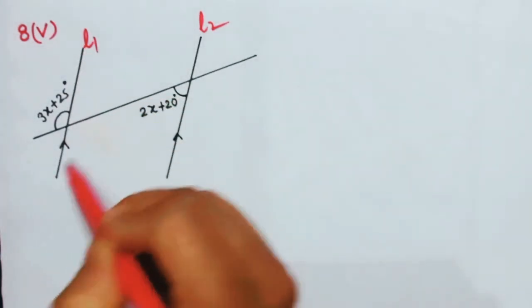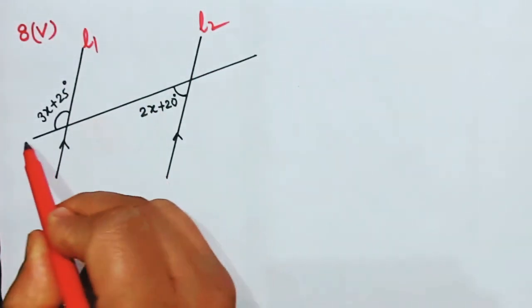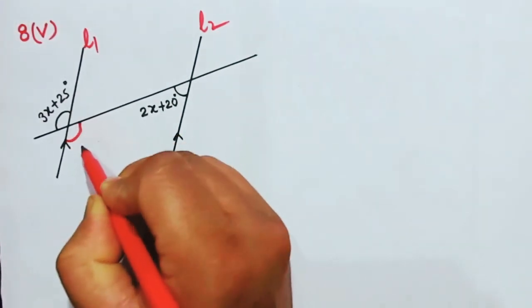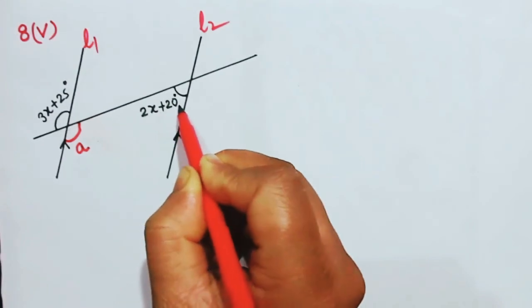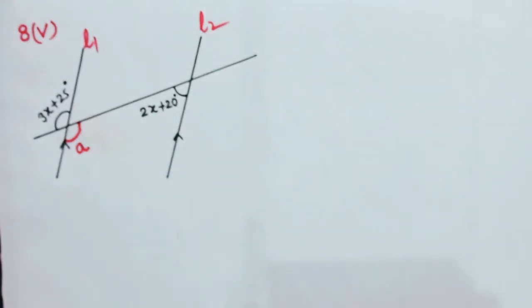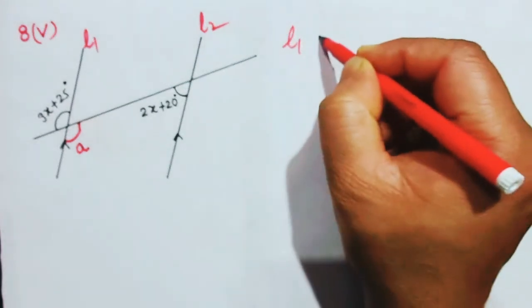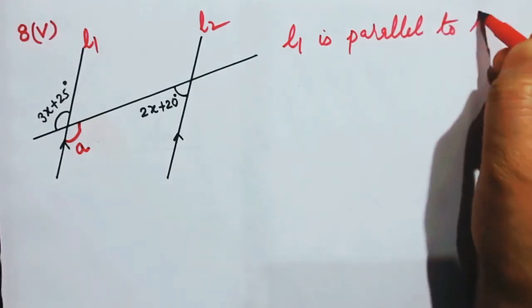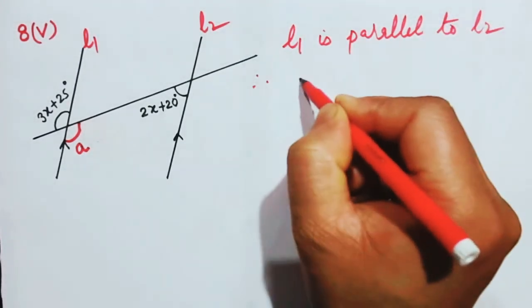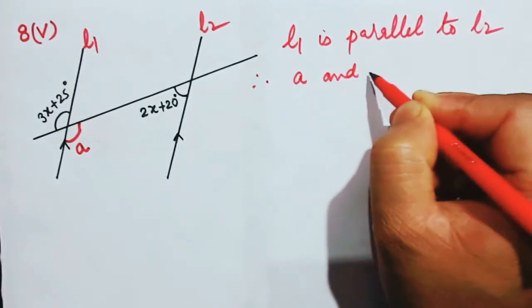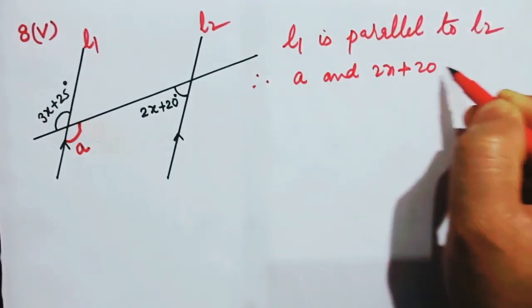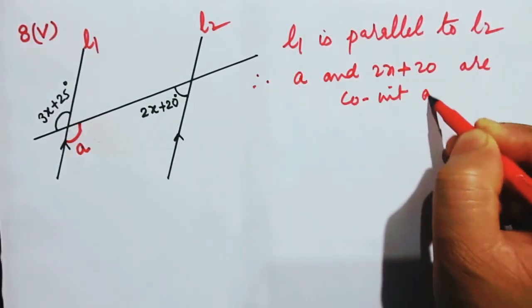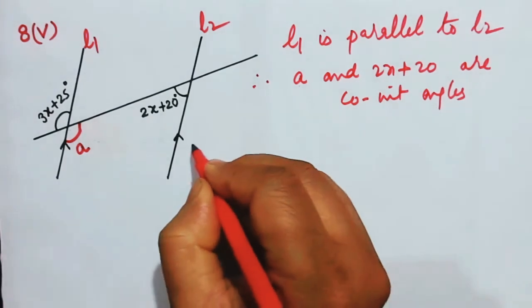So when L1 and L2 are parallel and this is a transversal, therefore this angle A and 2x plus 20 are co-interior angles, isn't it?